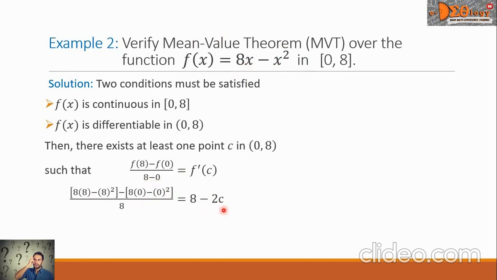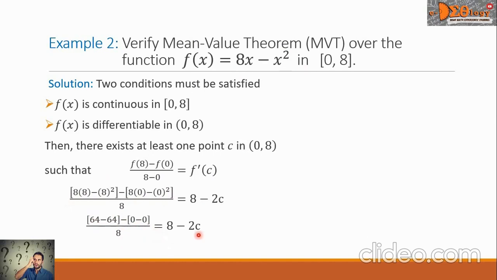Let us now simplify further the left side. In our numerator, the 8 times 8 is 64 minus 8 squared is also 64. Minus 8 times 0 is 0 minus 0 squared is 0 all over 8.